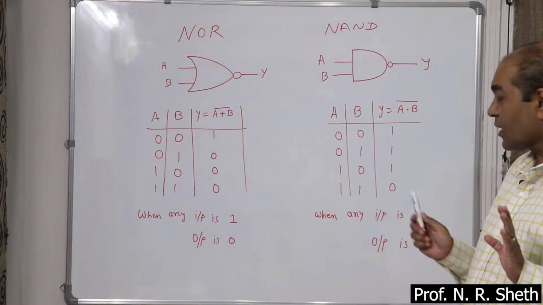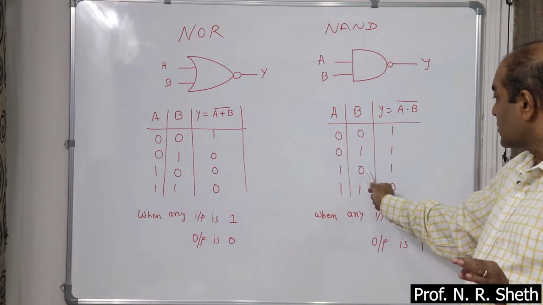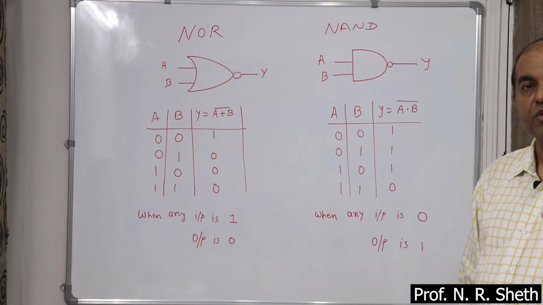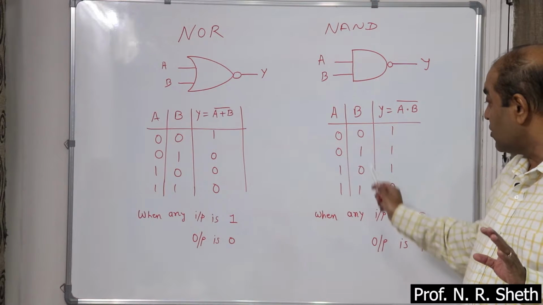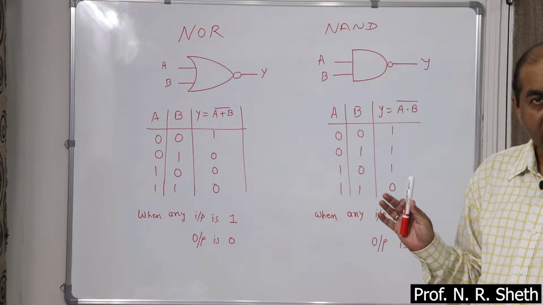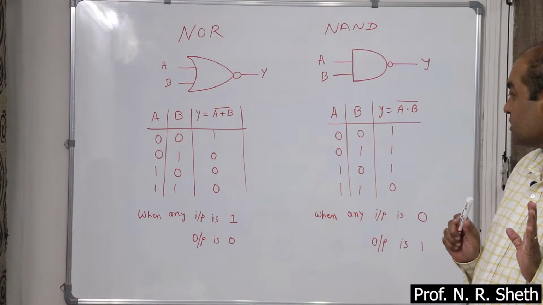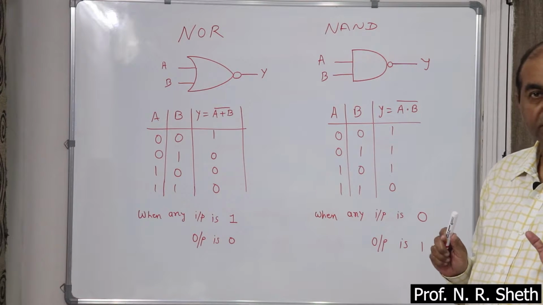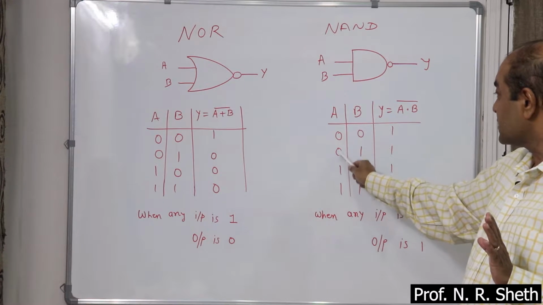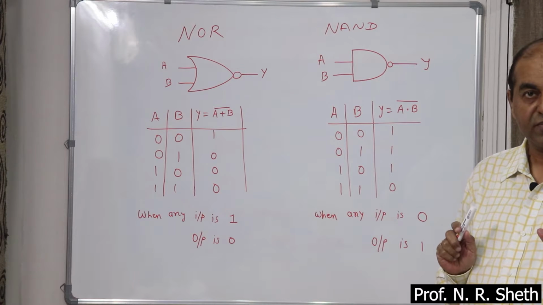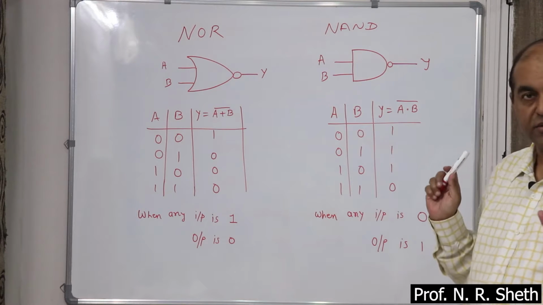So, if any input is 0, you can say that output is 1. You don't have to worry about the second input. Either it is 0 or 1. We are not concerned. When any input is 0, either this or this, output is 1. Only one condition you have to remember. Clear?